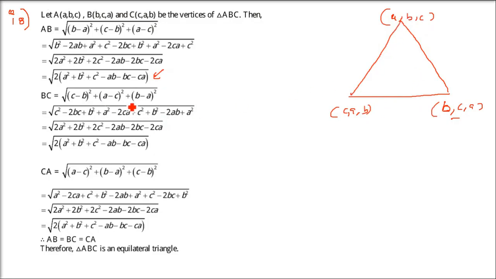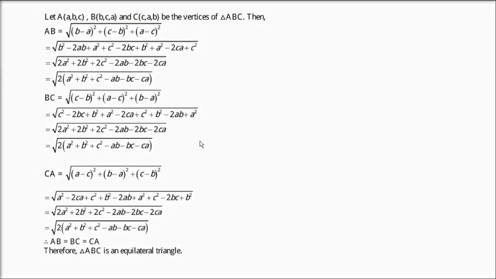Similarly, for the other two edges, you have to do the same thing. When you do this, after the rearrangement, you'll see that all the sides are equal. That is the result which is coming: these three sides or edges are the same. So when the three sides are equal, you can clearly say that this is an equilateral triangle.